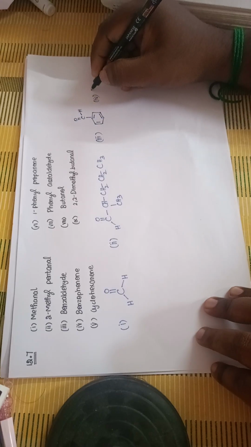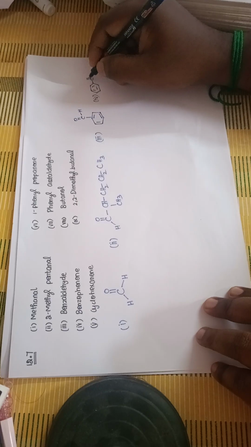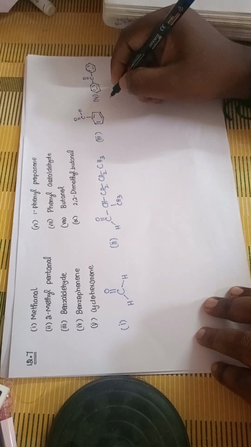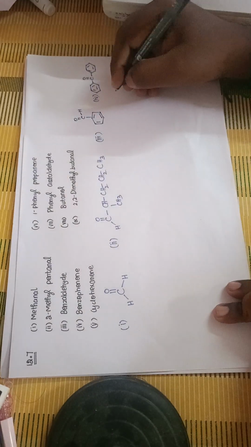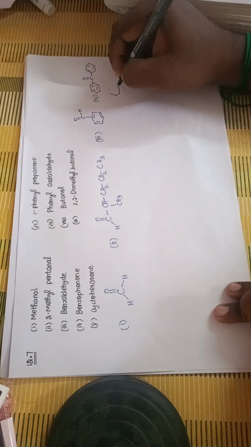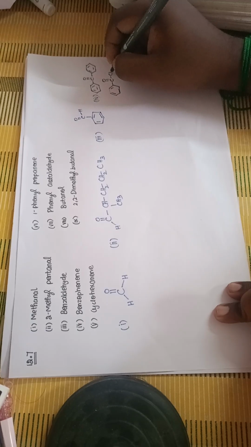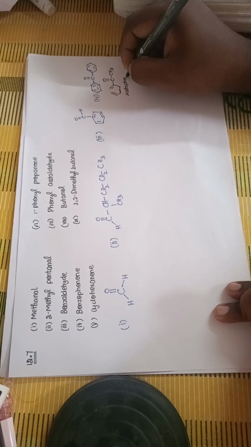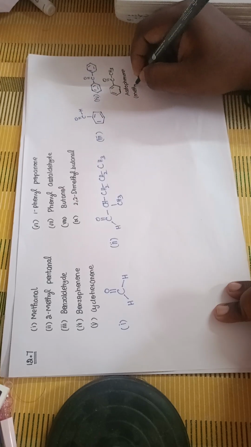Then the fourth one, benzophenone. Benzophenone means a carbonyl group attached to two phenyl groups. If one side has a phenyl group and the other side a methyl group, that is acetophenone, which can also be called methyl phenyl ketone.